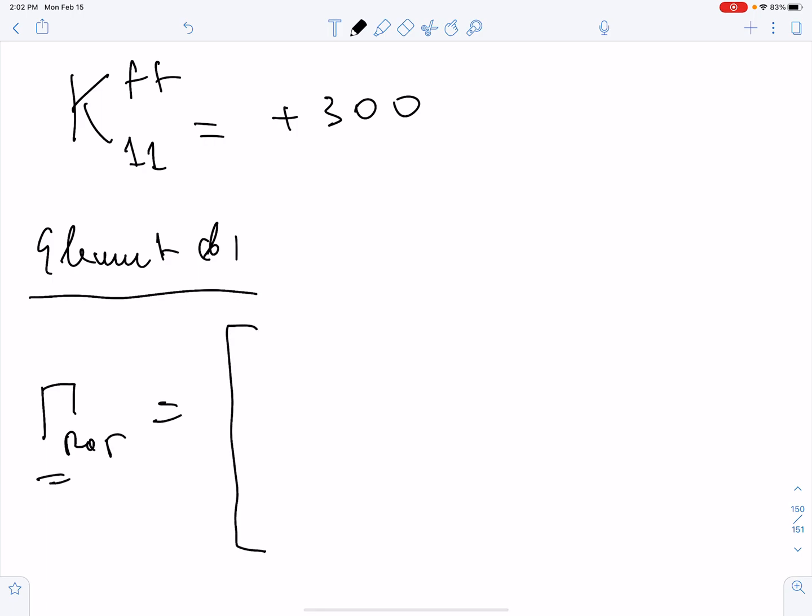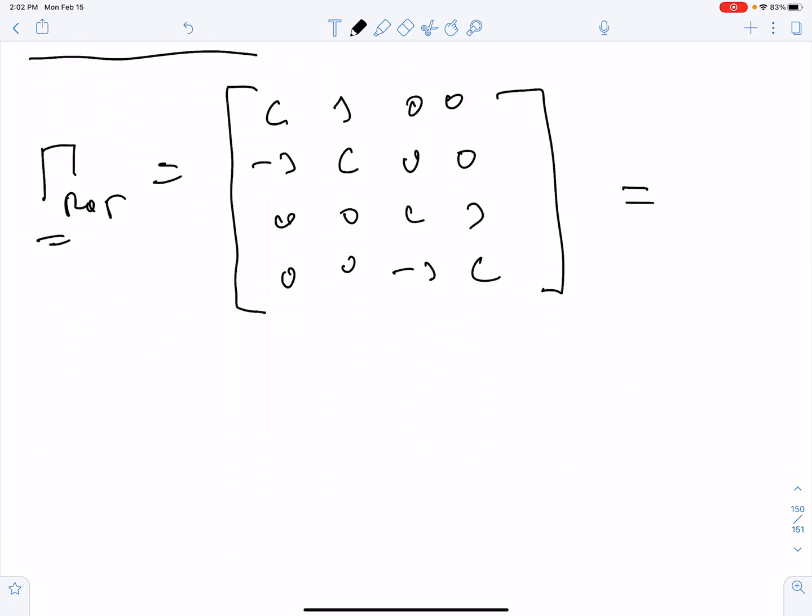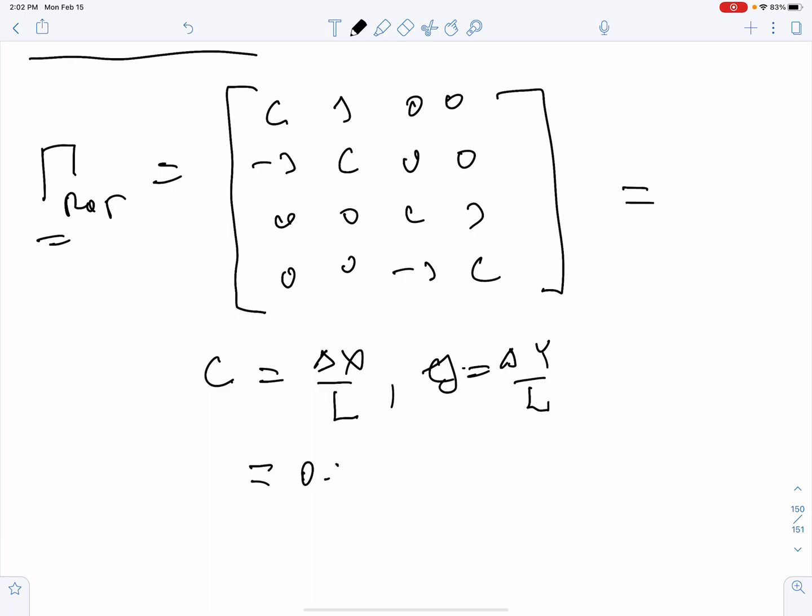And we find, right, that if you evaluate the expression like this, cosine, sine, minus sine, cosine, you'll find that the entries, and remember cosine equals delta x over L, sine equals, in this case, delta y over L. For this case, cosine equals 0.8. Okay, and then sine equals 0.6.